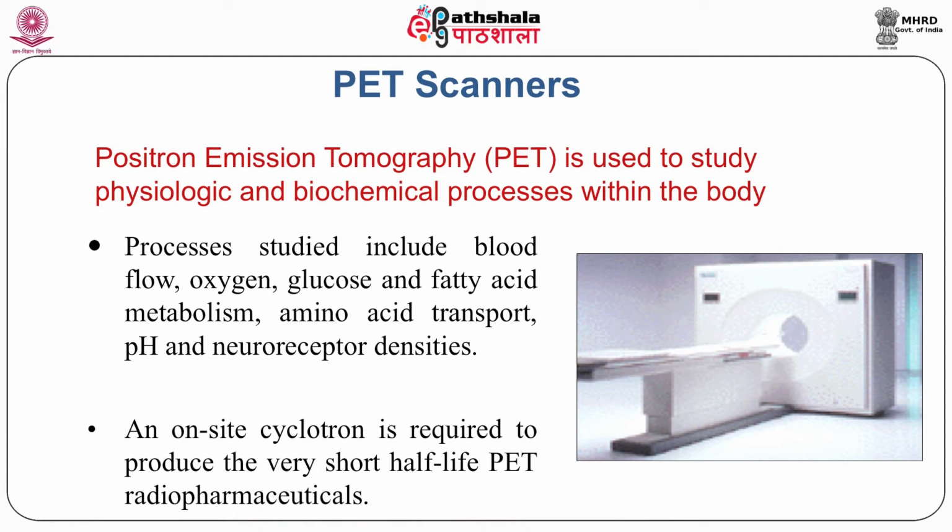As I mentioned earlier, the workhorse in conventional nuclear medicine is technetium-99m, but in case of PET it is fluorine-18, which is basically a positron emitter, and when the positron is emitted it annihilates with an electron to give two photons in two opposite directions of 511 keV, and these photons give you quality images.